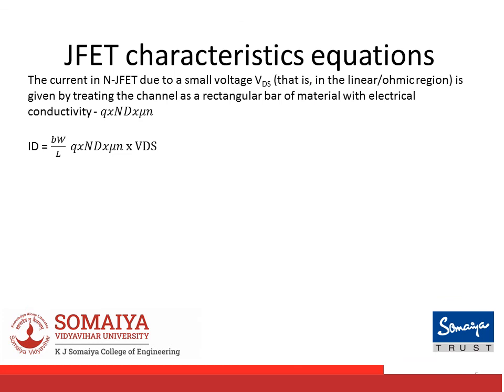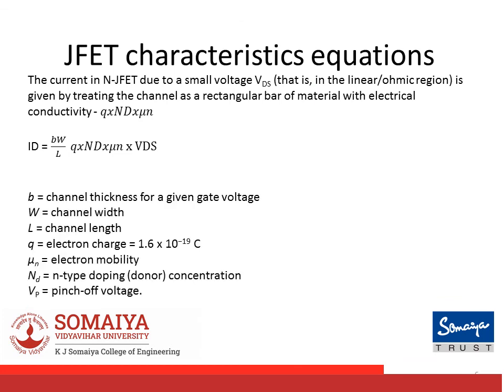Now let's also talk about JFET characteristics when the JFET is in the linear region or ohmic region. The equation is given by ID equal to area upon L into conductivity into VDS.